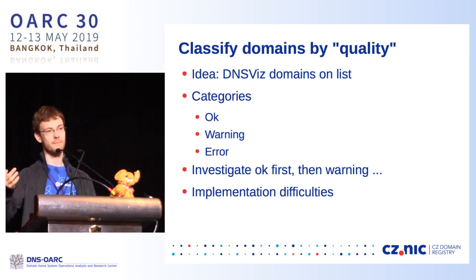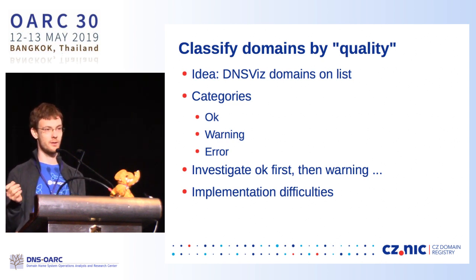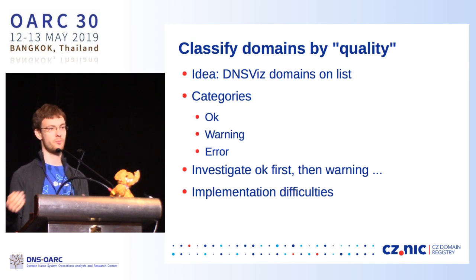And obviously, if there is a problem or difference in resolving a domain which seems perfectly okay, perfectly according to standards and best practices, that's more serious than if we don't agree on the answer from a domain which is broken even according to DNS-Wiz.